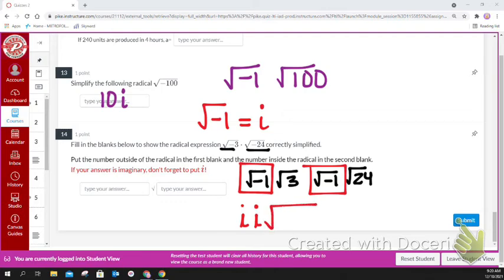And now take a calculator and multiply 3 times 24. So let's take 3 times 24. 72. All right, build a cake with your 72. So I'm going to divide that by 2.